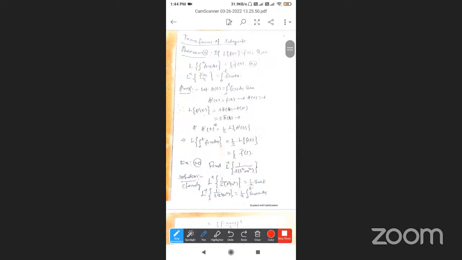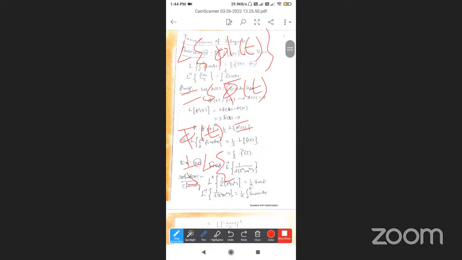So phi bar of t is 1 by s into the Laplace transform of f of t.